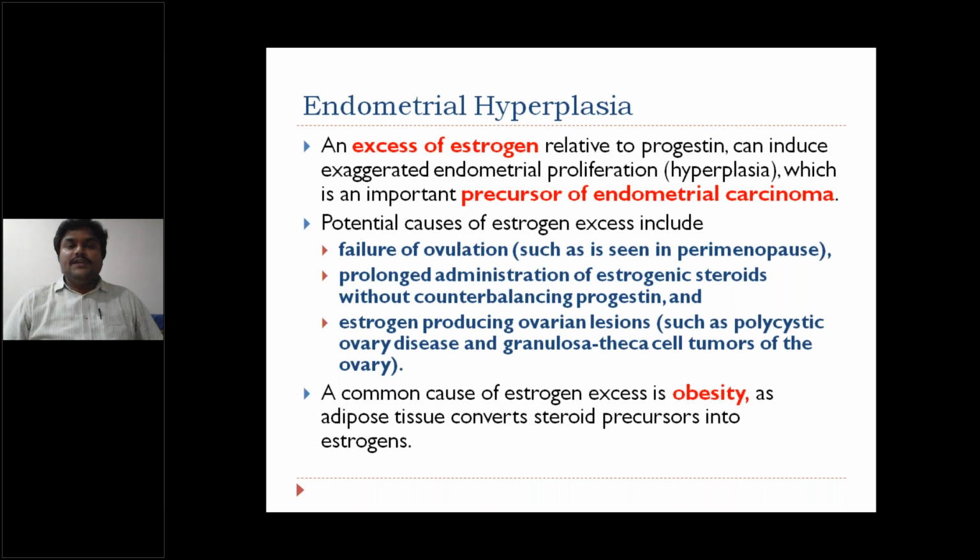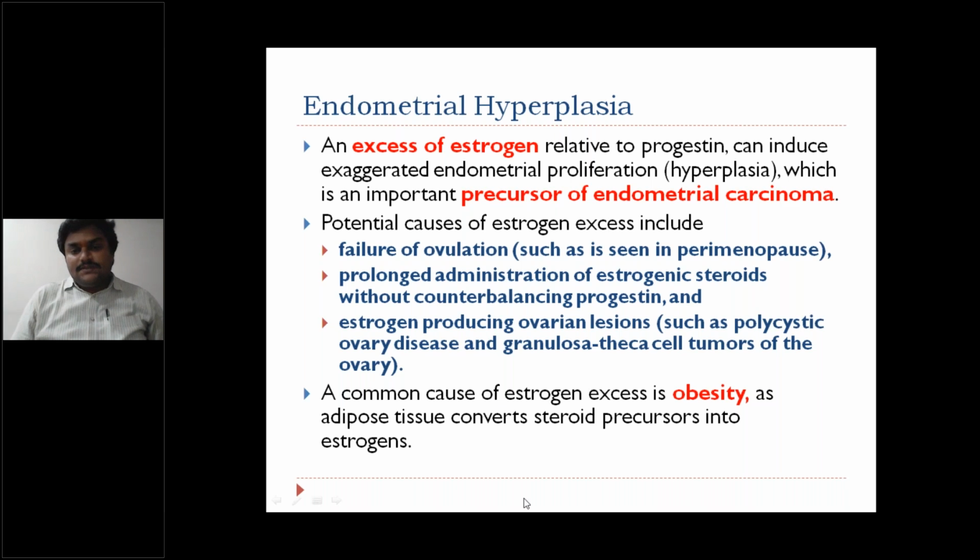They include failure of ovulation, as in perimenopause, or prolonged administration of estrogen steroids without counterbalancing progesterone, and estrogen producing ovarian lesions like polycystic ovary disease and granulosa theca cell tumors of the ovary. These are the conditions in which there will be an excess amount of estrogen.